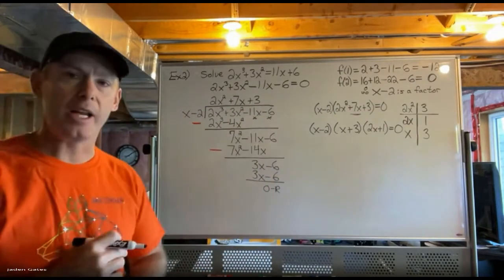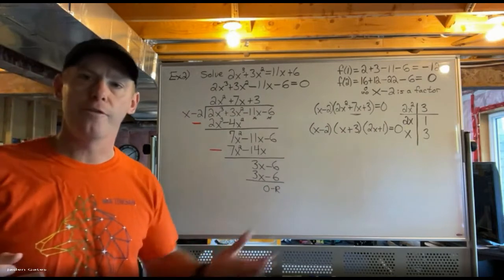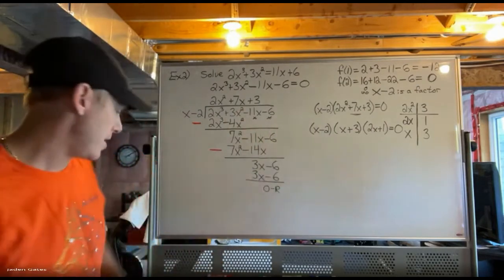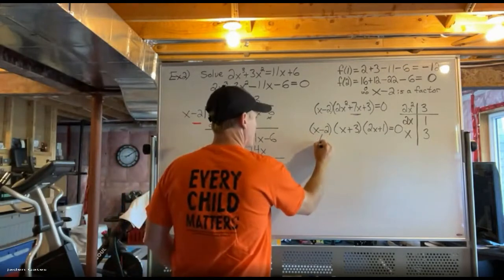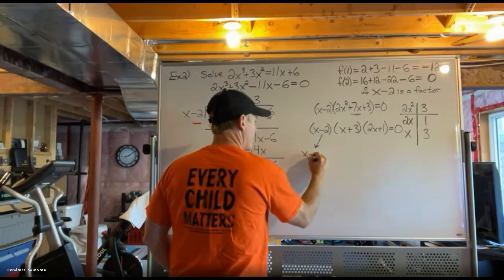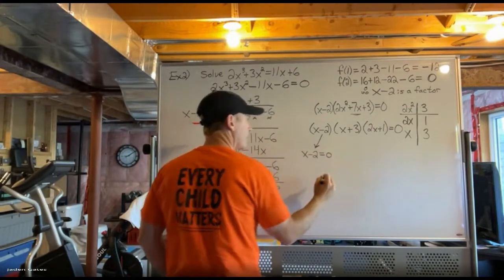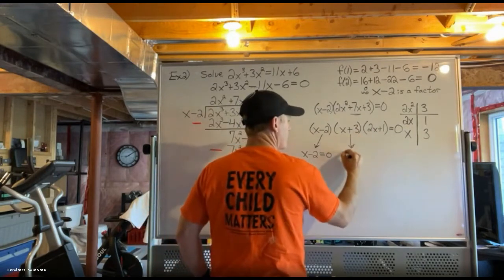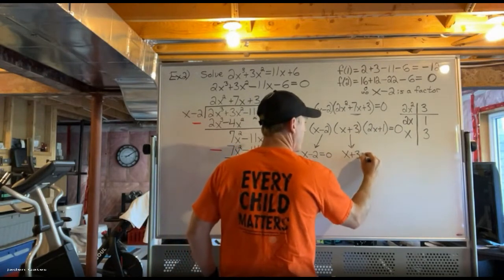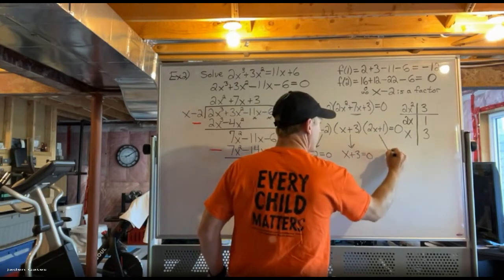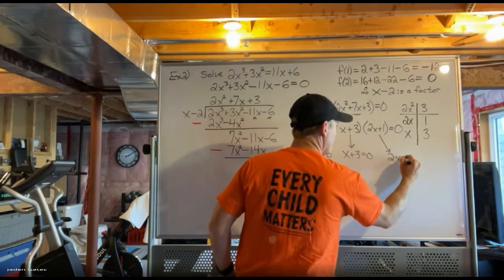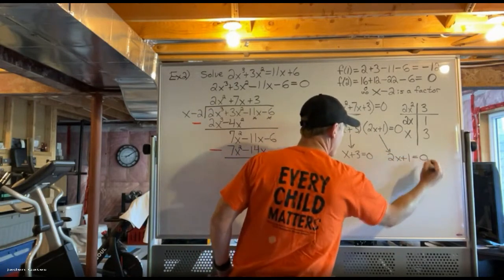To put the extra equals 0 in there, all I have to do is solve the 3 different pieces now. So I've got this piece, x minus 2 equals 0. My second piece, x plus 3 equals 0. And the last piece, 2x plus 1 equals 0.